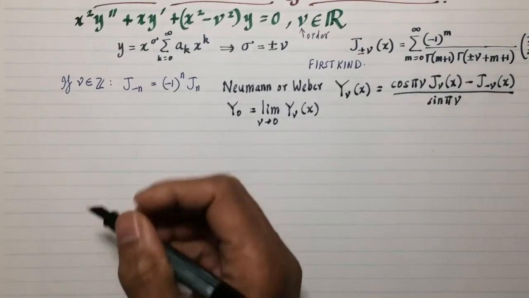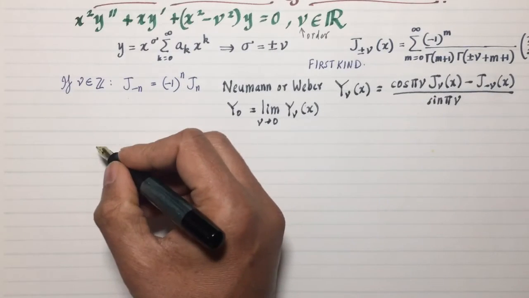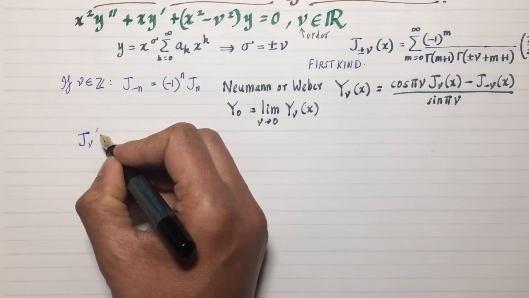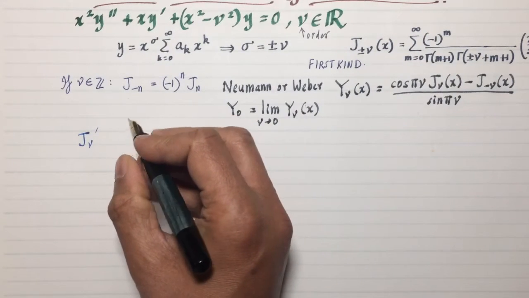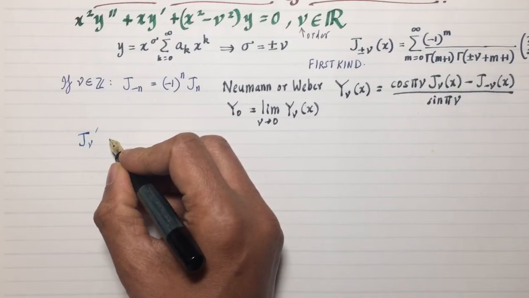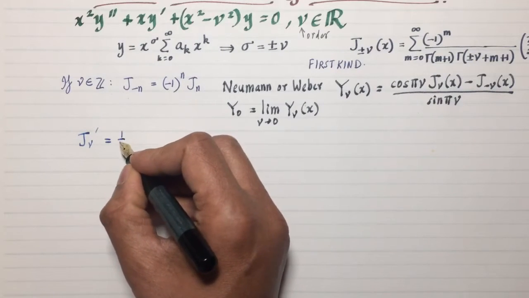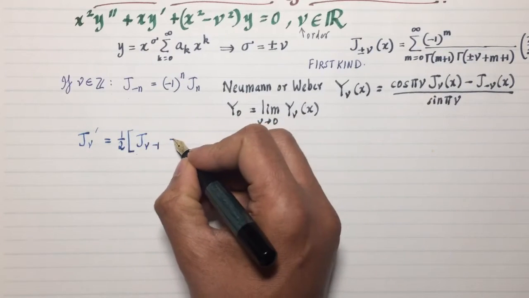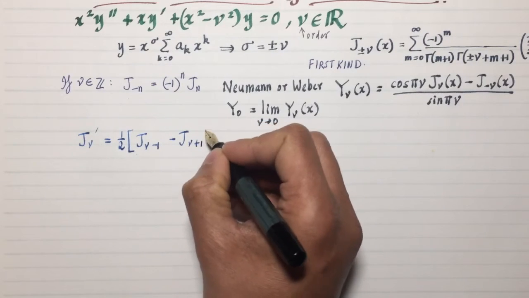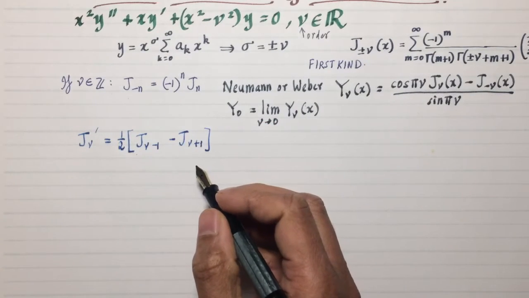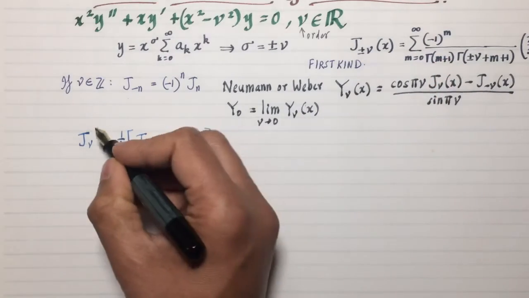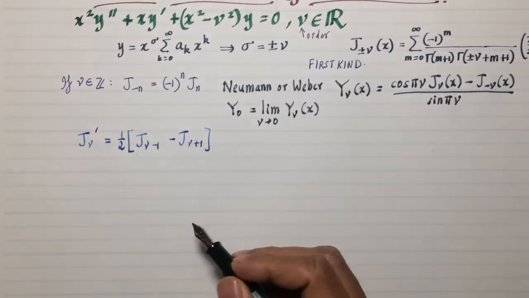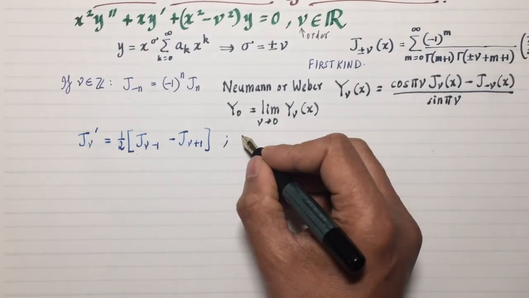So as an example of how you can use these recursion relations, the primary recursion relations are ones that relate the primes, or the derivatives, to differences of Bessel functions. So this is useful if you ever want to take a derivative of a Bessel function and you don't want to deal with these monstrous expressions. So this tells you, just take the Bessel function of the lower order and the higher order, subtract them and divide by 2. So that's a very useful recursion relation.